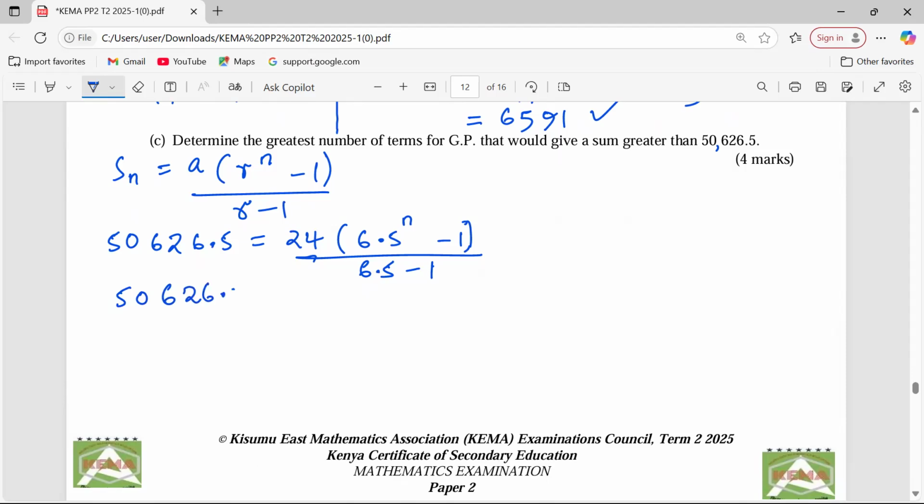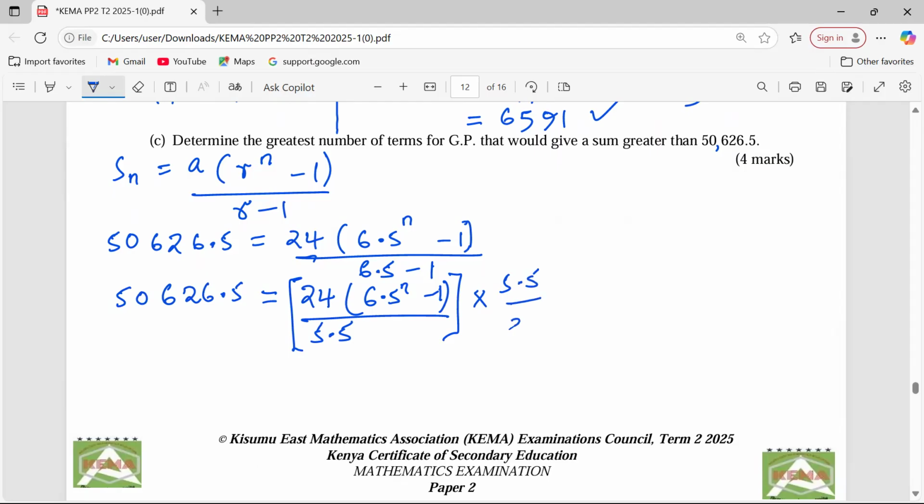You know, I may overuse the calculator, then I lose some people on the way. This is 24, 6.5 power n minus 1 out of 5.5. So I'm taking, for this part, multiply by 5.5 over 24, and also this part by 5.5 over 24. You see, it shall cancel from this side.